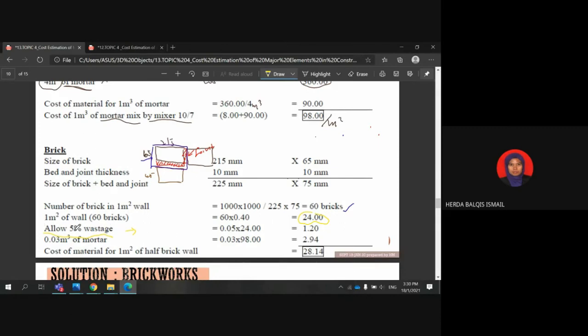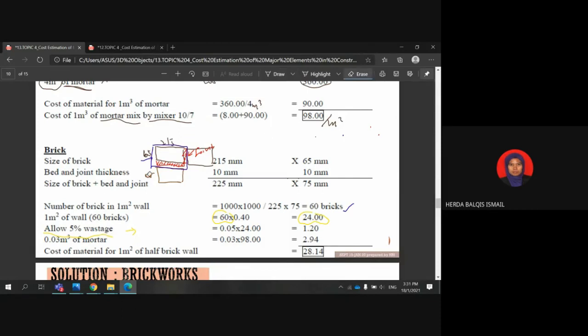If you want to calculate 5% from 60 bricks, that also can. Once you get the number of wastage, you total it up with the initial number of bricks, multiply with the price, and you will get the same.